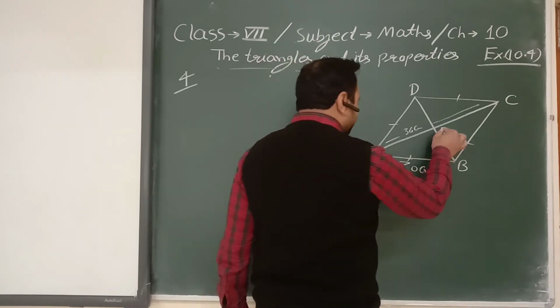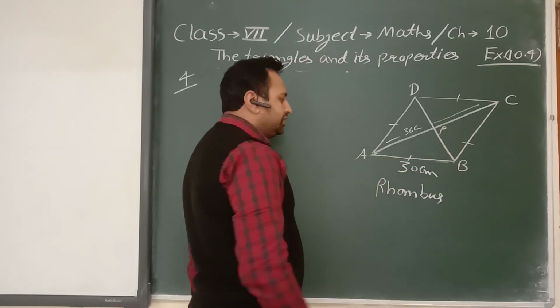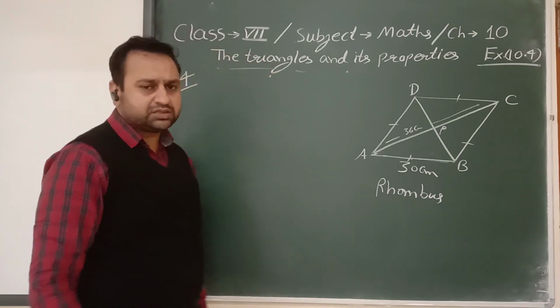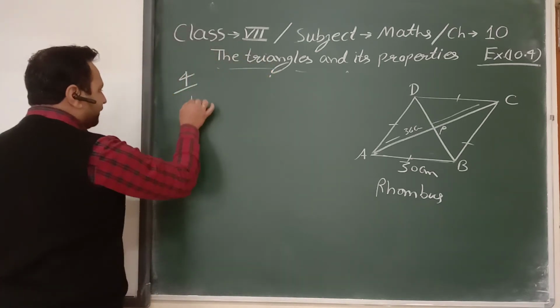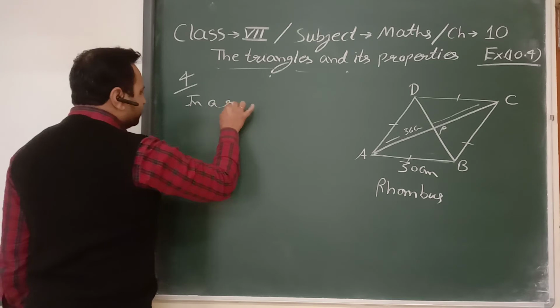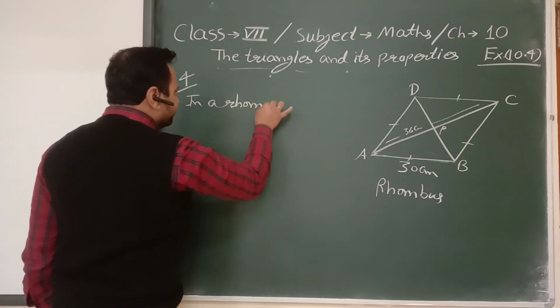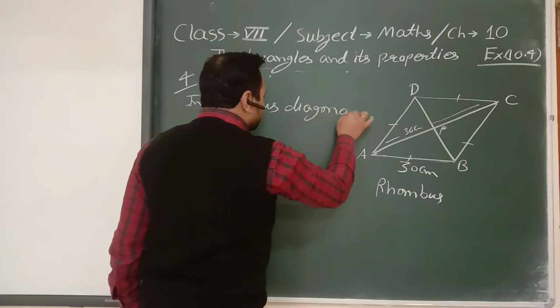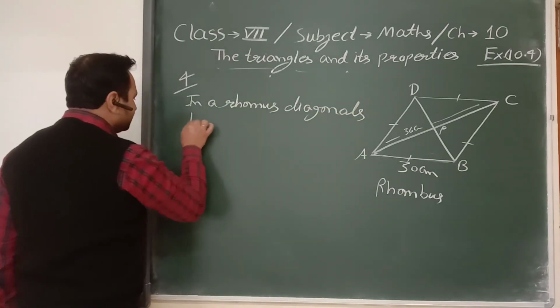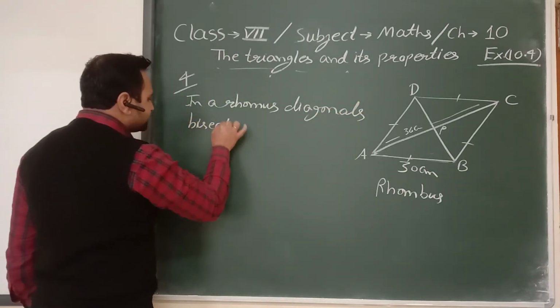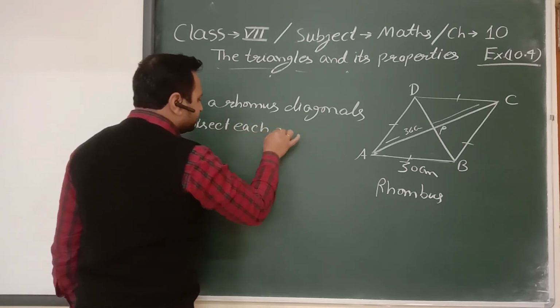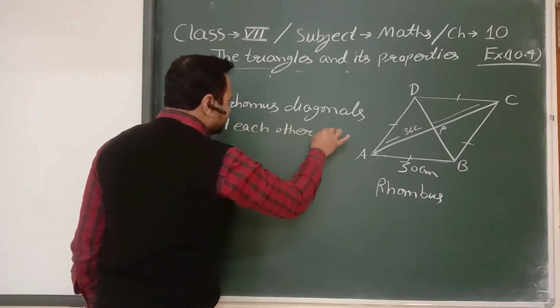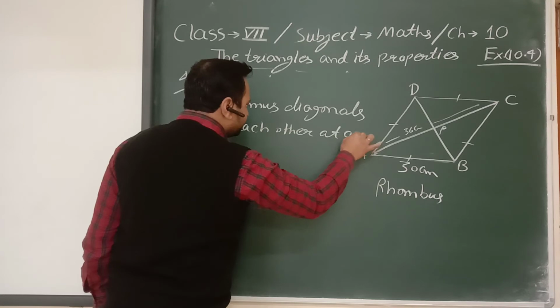There is a special property in a rhombus: in a rhombus, diagonals bisect each other at 90 degree. So the diagonals of a rhombus bisect each other, meaning divide into equal parts, at 90 degree.